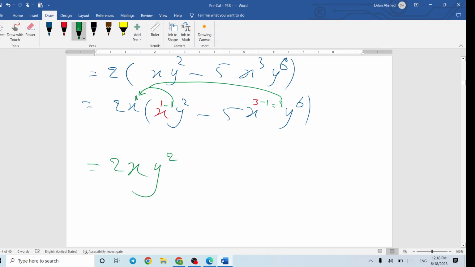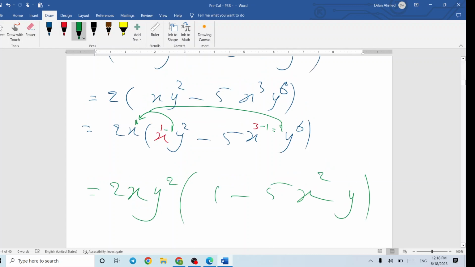Which one is the smallest one? So I'll get what? 1 minus 5 x to the power 2 y to the power what? Yalla? 4, exactly. What did we do? Minus 2 here, we get 0. Minus 2 here, I'll get what? 6.